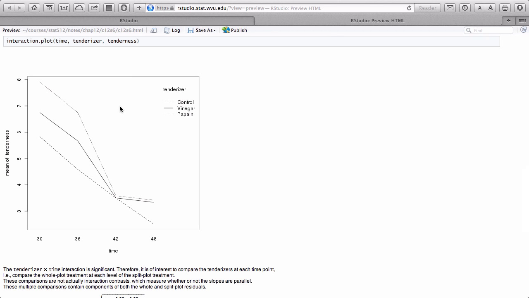In other words, the difference depends on the time. The difference between the three at 30 and 36 is about the same. But then the difference at 42 has sort of evaporated. The differences are the same at 30 and 36, but then they all come together at 42. So that's the cause of the interaction.